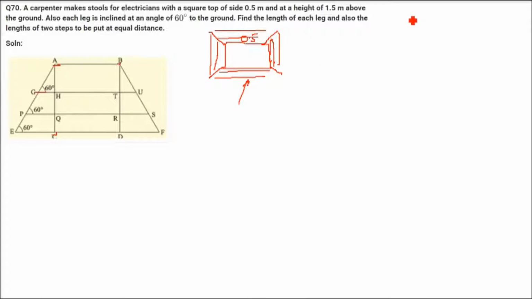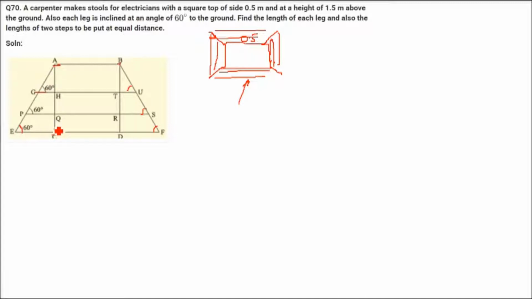First of all, see, I'm joining these and this angle is 60 degree given. Means from here to here, this angle, if I can draw it, because it is always good to draw in the front view. So this is 60 degree. This is also 60 degree. This is also 60 degree. This is also 60 degree.